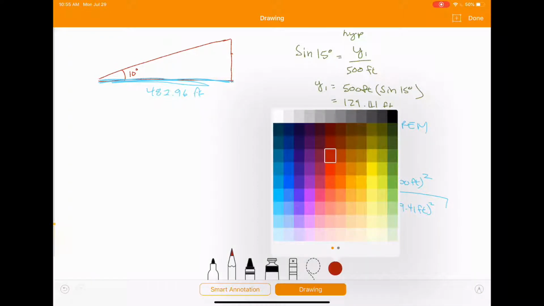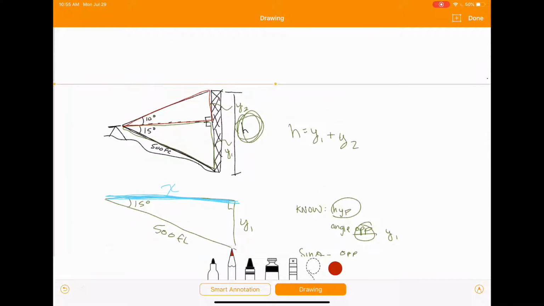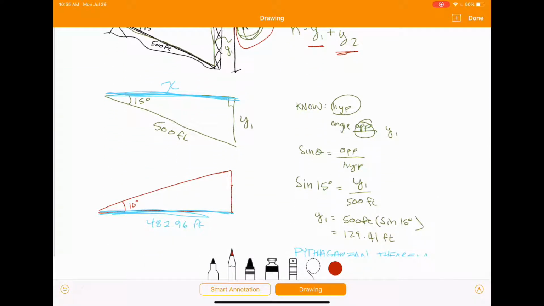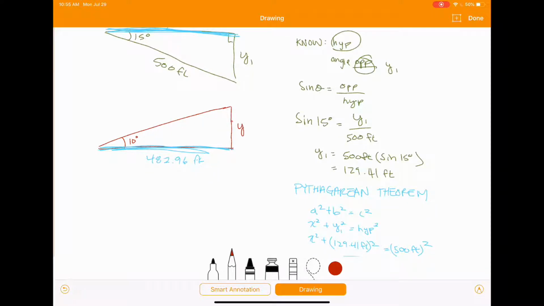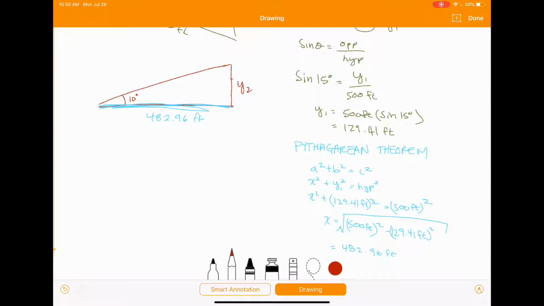And so for our second triangle, again, we're trying to find this total height, which is equal to y1 plus y2. We found y1 from the first triangle. Now we need to find y2 from the second triangle. So in this case, we know this angle, and in relation to that angle, we have information about our adjacent side and our opposite side.